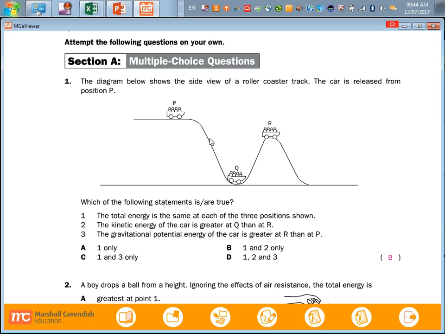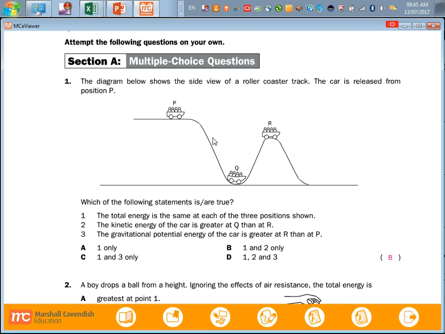What is he trying to say? It doesn't have enough kinetic energy to overcome this height over here, because all the kinetic energy has to be converted into gravitational potential energy.